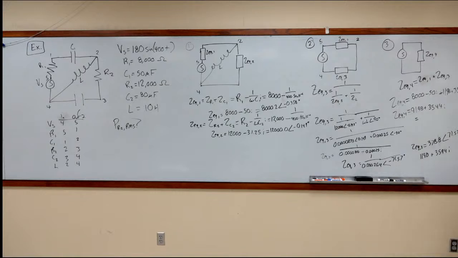So 9198 squared, 3544 squared, so this becomes 9857 at an angle of 21.07 degrees.